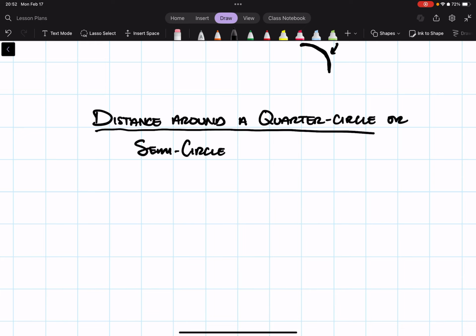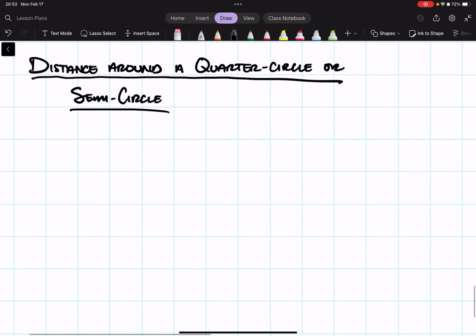Underline that. It's going to be the title. So with this, you're going to use your newfound knowledge, but I'm going to give you a formula for this as well. Let's just start by writing the formula of the outside of a quarter circle.